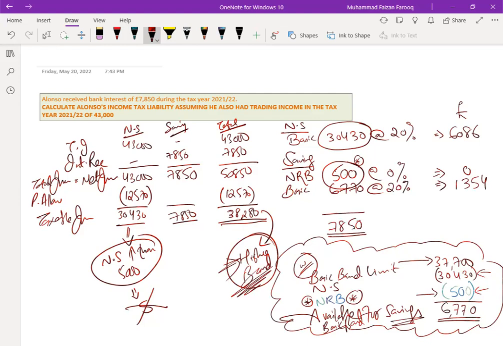Your total savings income is 7,850. Out of that, 500 is taken in the nil rate band and 6,770 falls under the basic band. How much is left? 7,850 minus 500 minus 6,770 is 580. 580 will be taxed at the rate of 40%, so the answer will be 232.